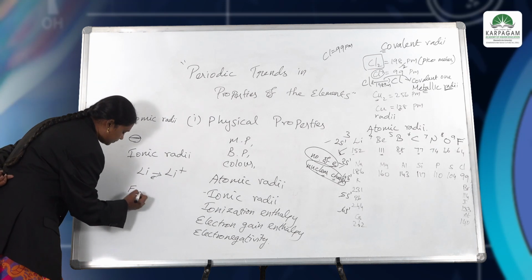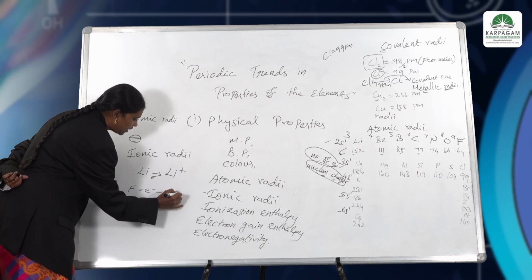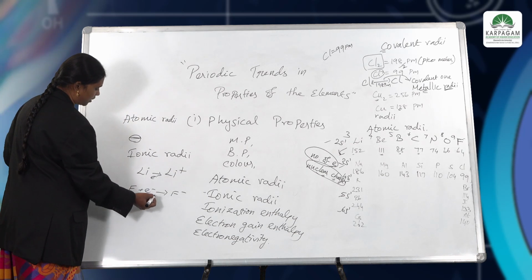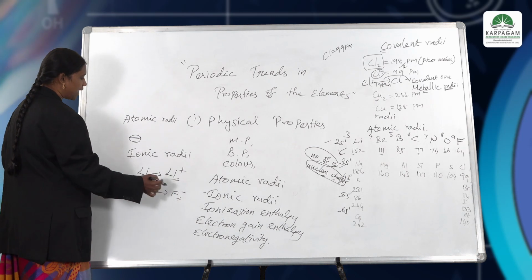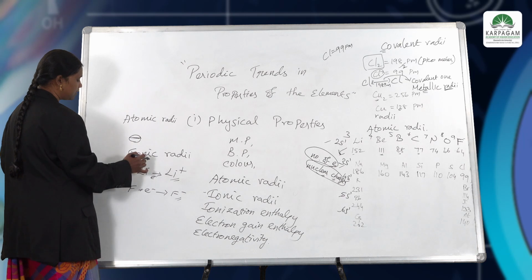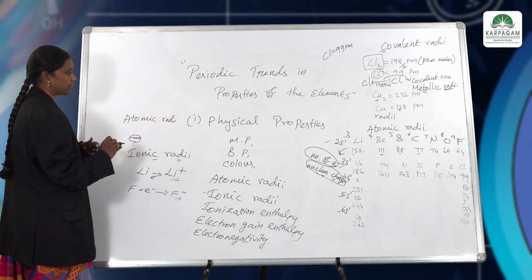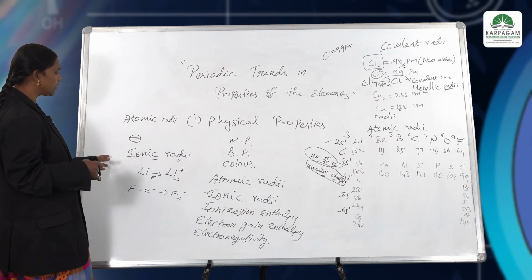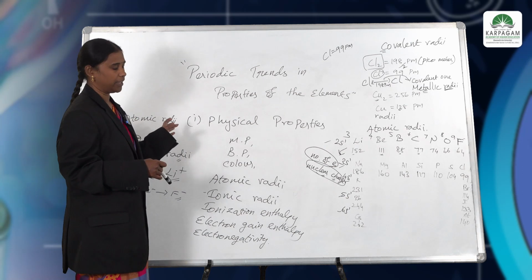Likewise, fluorine gains an electron and forms F minus. So this type of cation and anion is formed, and the radius is considered the ionic radius. Here the ionic radii follow the same trend as atomic radii.